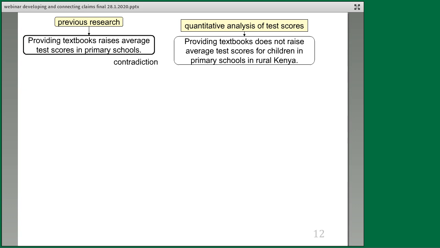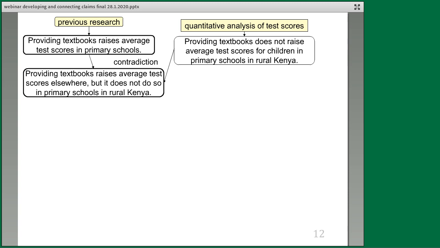And what we now have is a contradiction between these two. And we can then connect both claims in a larger claim which contains this contradiction, namely providing textbooks raises average test scores elsewhere, but it does not do so in primary schools in rural Kenya.